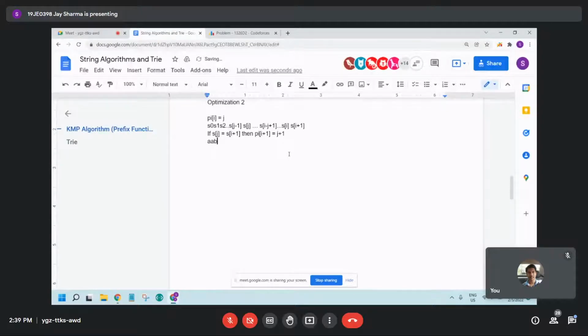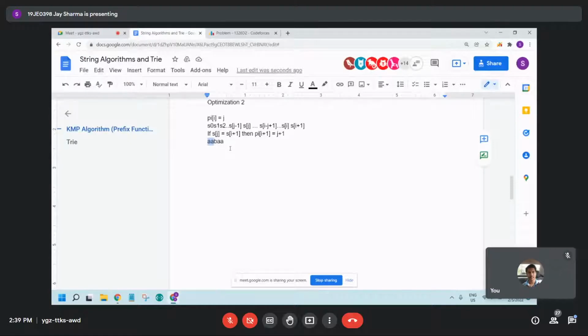If you have AABAA, suppose you have something like this. This is i equal to 4 here, and the prefix function of this part is equal to 2, because AA is common, it is a prefix and it is a suffix.